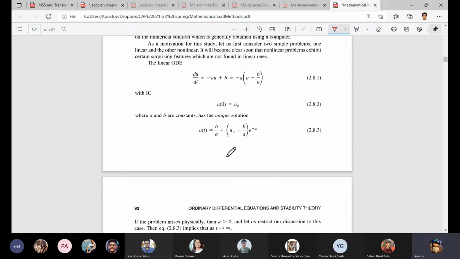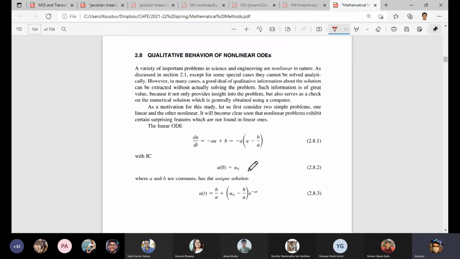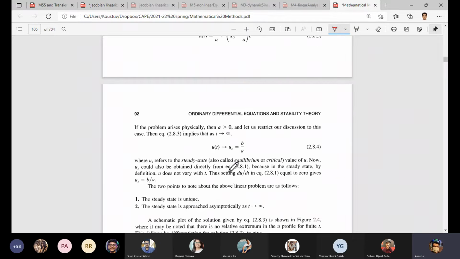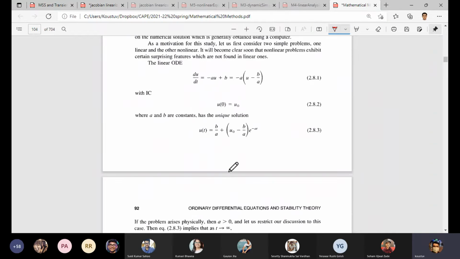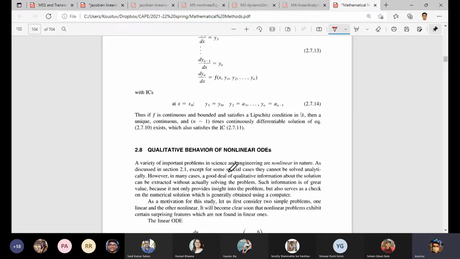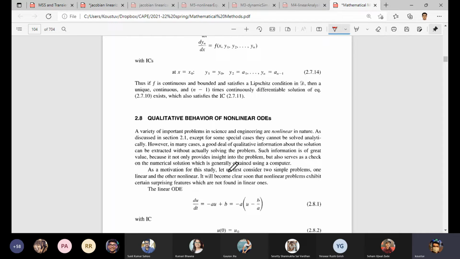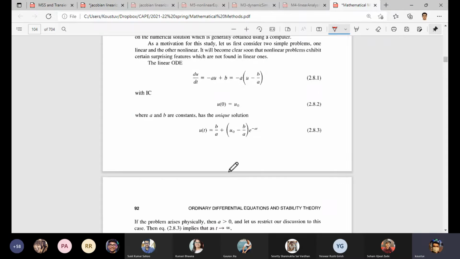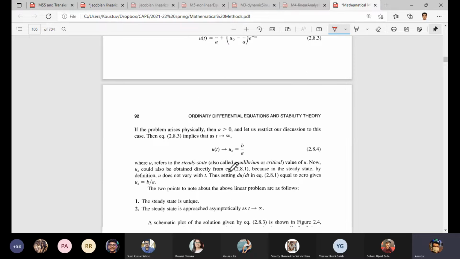the application of a linear ODE, and how it is all the time asymptotically stable and unique. So typically the nonlinear ODE gives us some interesting features which a linear ODE cannot. With a linear ODE, you will more or less always get a steady state point, and that will be asymptotically stable.